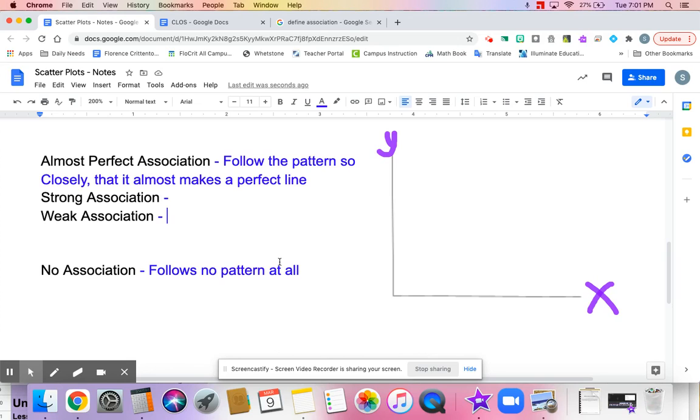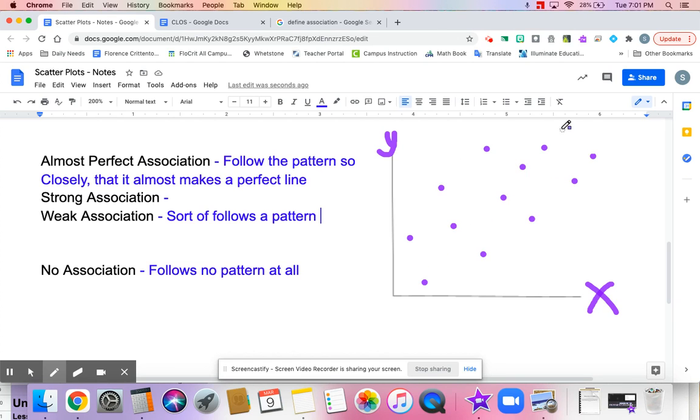However, a weak association sort of follows a pattern. So for example, a weak association might look something like this. The points are kind of far apart, but overall, it's still going up with time.